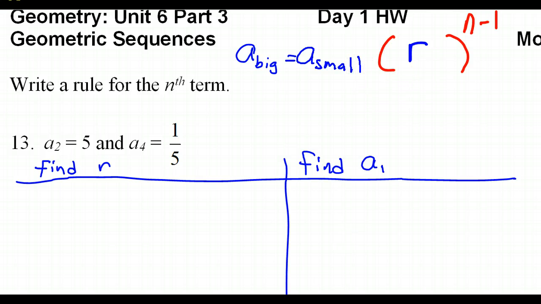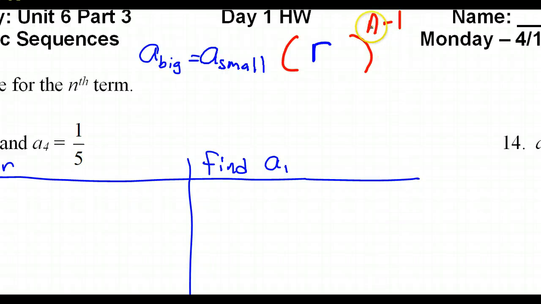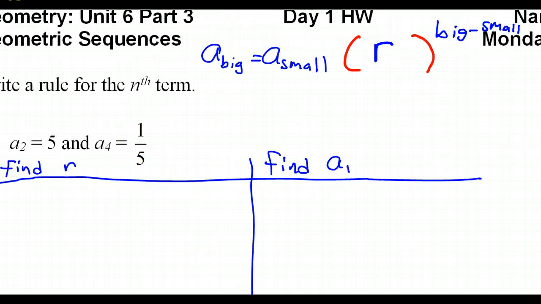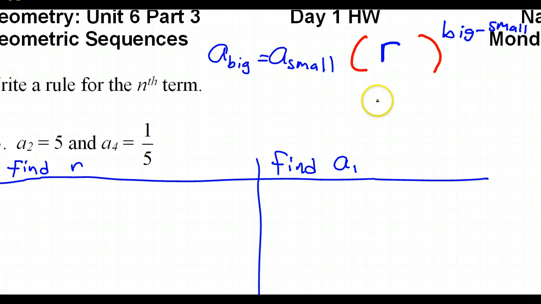R is still going to be R. Instead of having N minus 1, it's going to be big minus small. So this is the version of the formula that we will need when we are not given R and we are also not given A1.